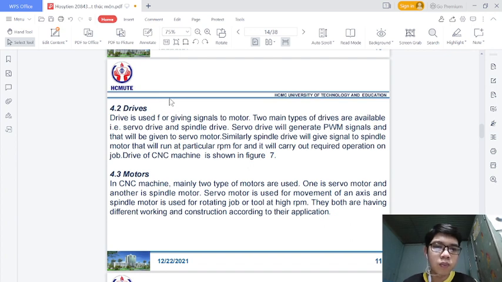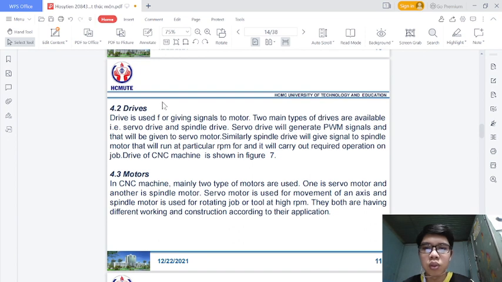4.2 Driver is used for giving signal to the motor. Two main types of driver are available, i.e. servo drive and spindle drive. Servo drive will generate a PWM signal and that will be given to the servo motor.